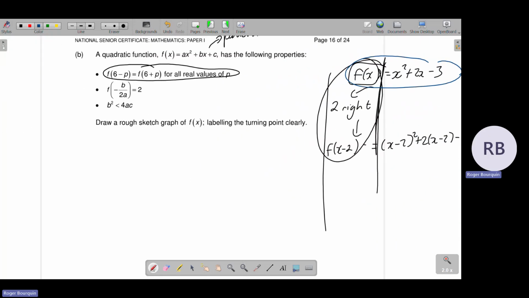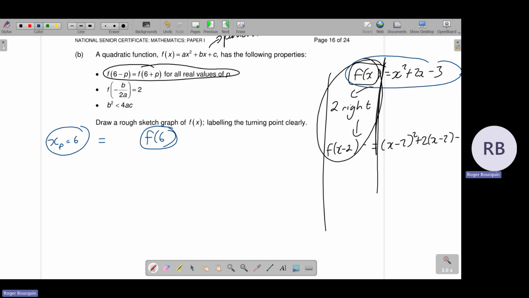Well, if we had a graph and f of 6, what does that mean? It means when the x coordinate is 6, what's the y coordinate that goes with it, right? So f of 6 is the y coordinate that goes with it.